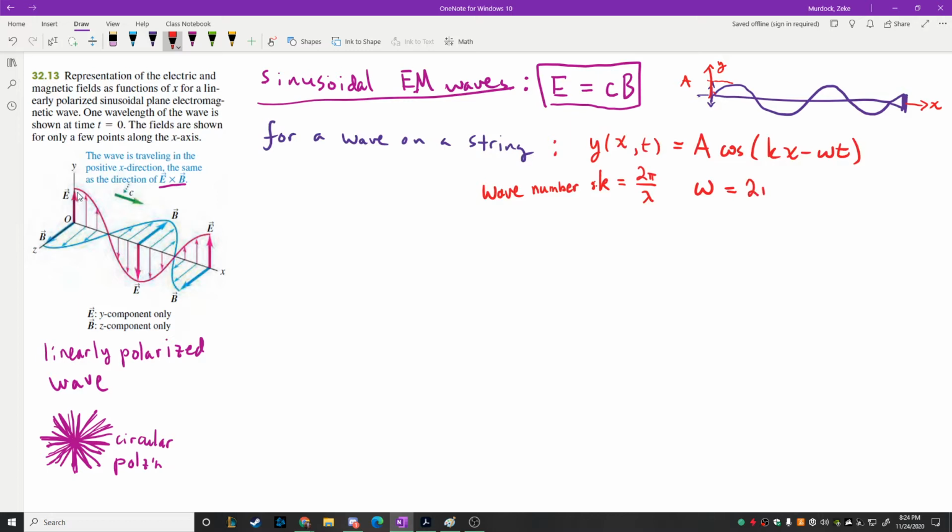It's 2 pi multiplied by the frequency. This is just the angular speed of the wave. And then the actual velocity of the wave is equal to omega divided by k. It's also equal to f times lambda. And you should be able to prove pretty easily that if you put f times lambda into here, you'll get omega over k.